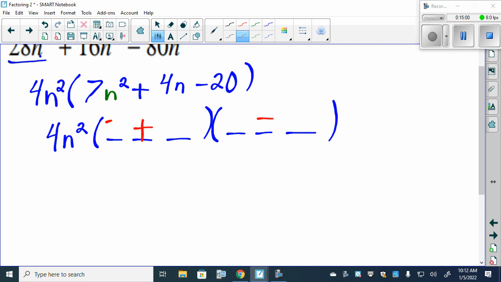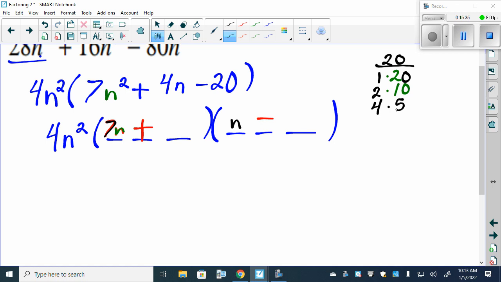Now with 7n squared, we'll have 7n and n, because 7's prime, so the only factors are 7 and 1. In n squared, the only real factors are n and n. Factors of 20: well, 1 and 20, 2 and 10, 4 and 5.